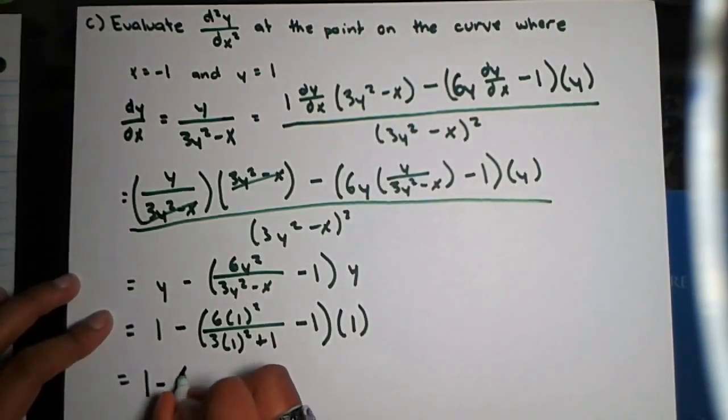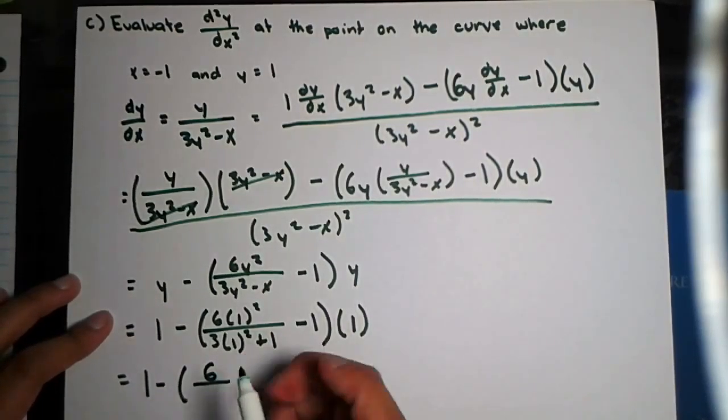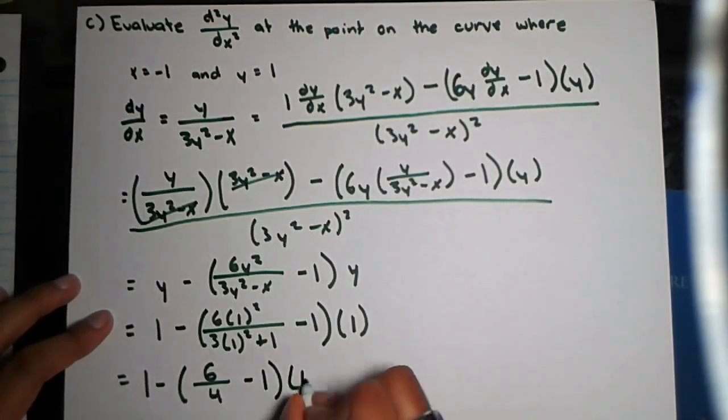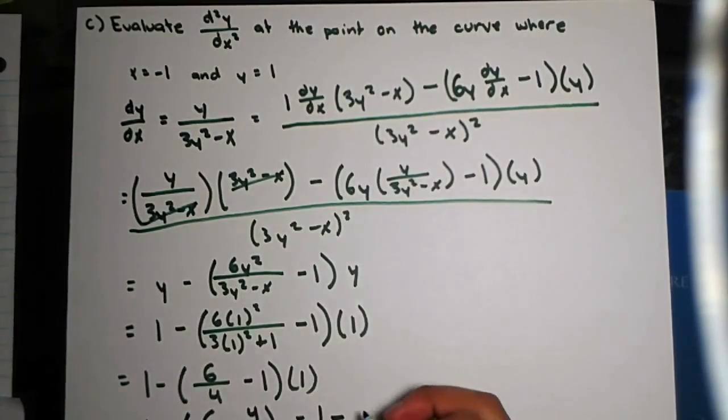It's 1 minus 6 over 4 minus 1 times 1. And so it equals 1 minus 6 over 4. And then we can turn that 1 into 4 over 4. And so that would equal 4 minus 6, which is negative 2 over 4, and that's just negative 1/2.